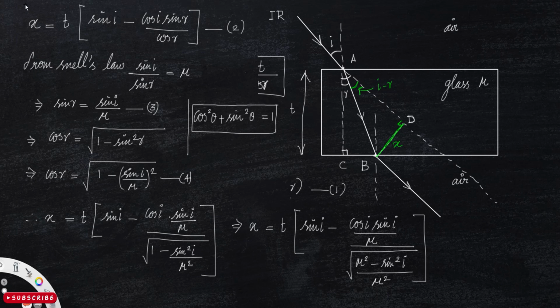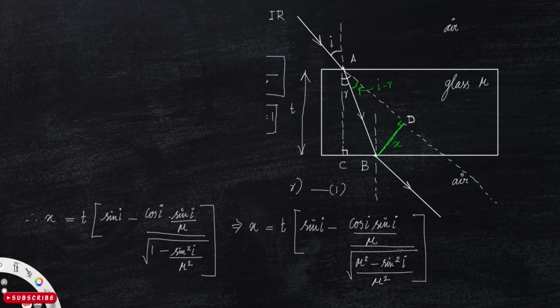Therefore, see, root of mu square is mu itself. Therefore, x is equal to t times sin I minus cos I sin I divided by mu, whole divided by root of mu square minus sin square I divided by root of mu square, which is mu itself.